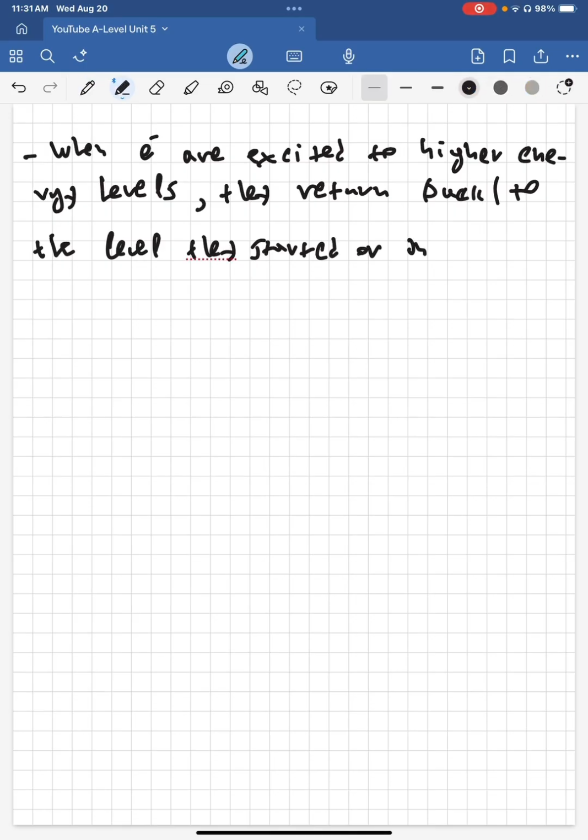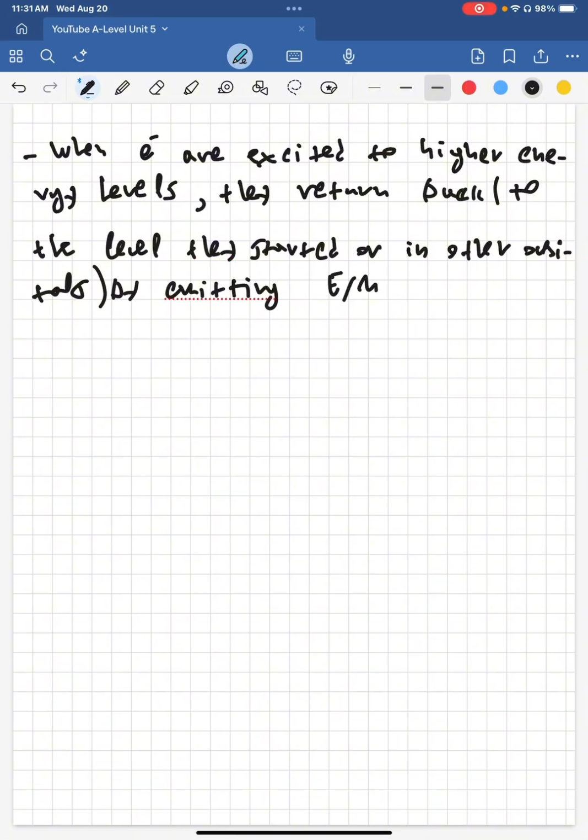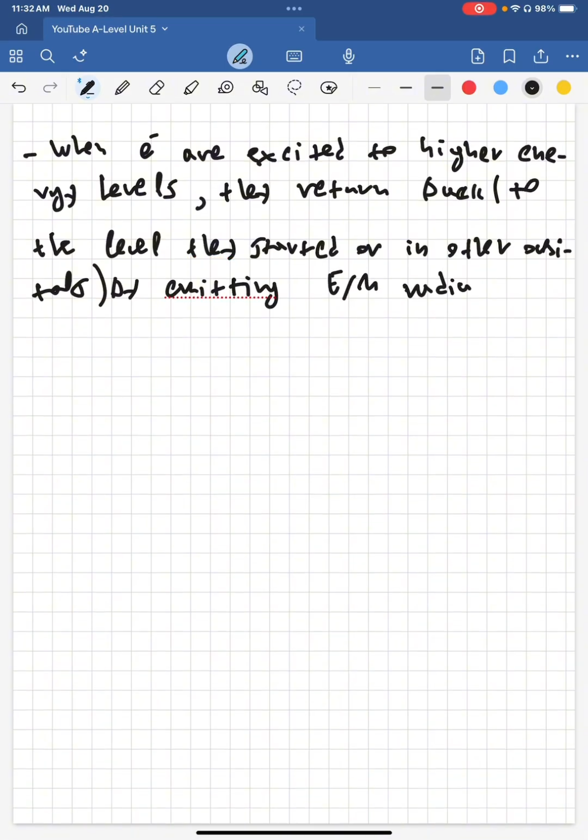It doesn't have to be the level they started, okay? Or in other orbitals by emitting light or electromagnetic radiation.